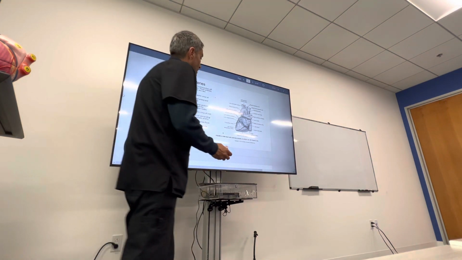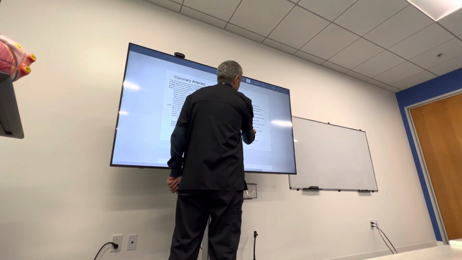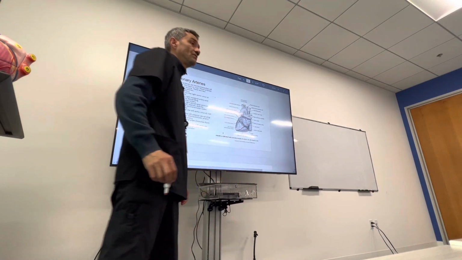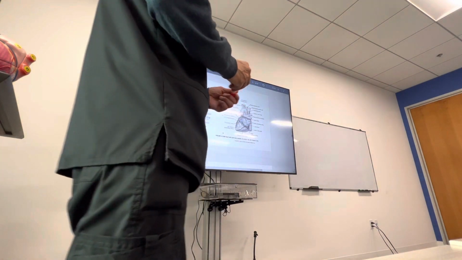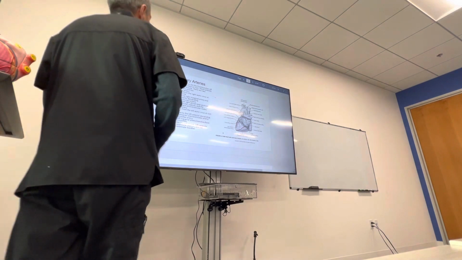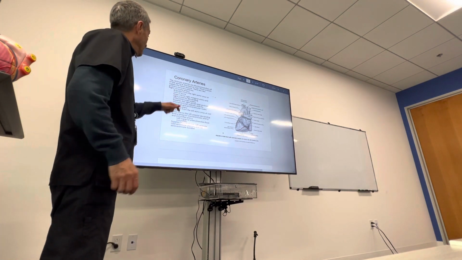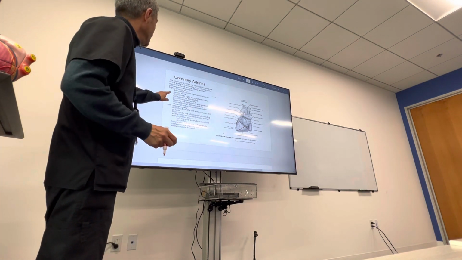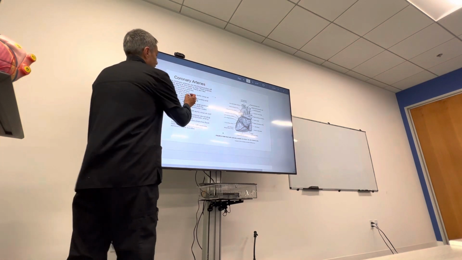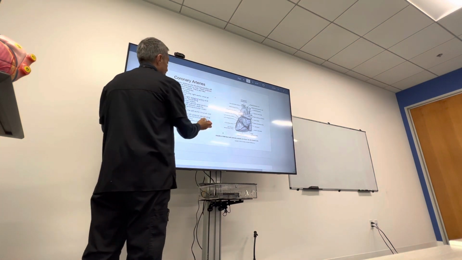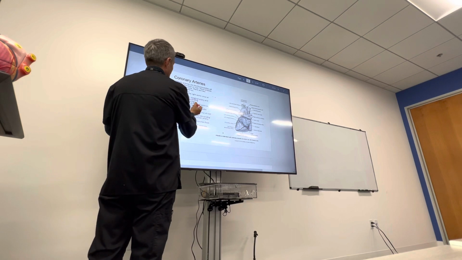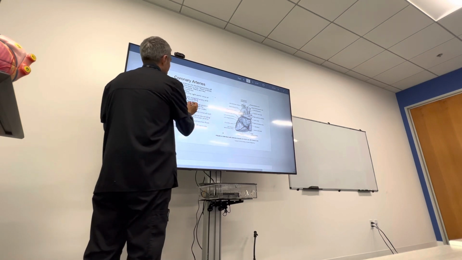Now, the other one, which is the one that goes this way, on the opposite side, we call it marginal. The marginal artery. Let me point on those for you over here so you know them. There. That's number one, marginal artery, and then the right interventricular one.